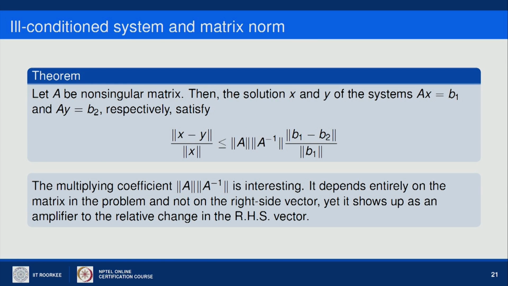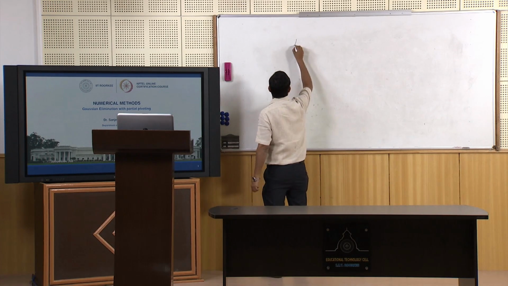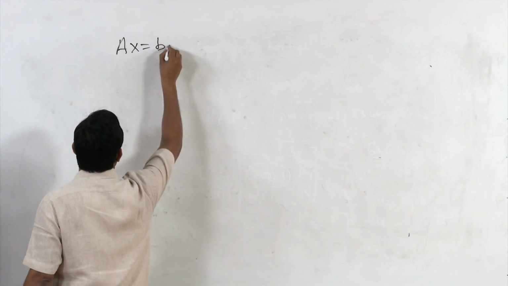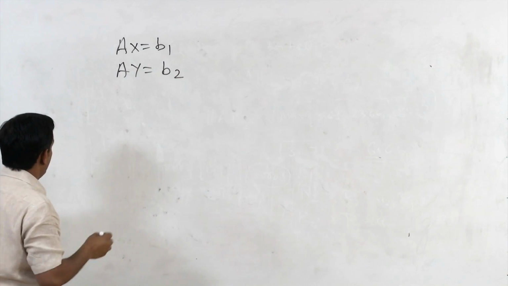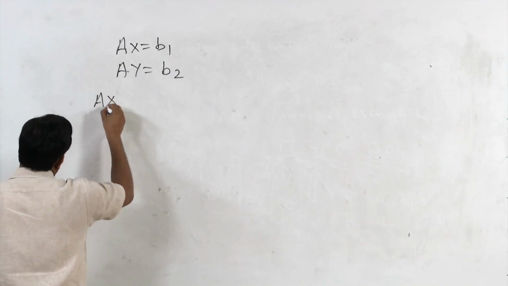Now, to relate these norms with the ill conditioned system, we have an important result in this theorem. This theorem tells: let A be a non-singular matrix, then the solutions x and y of the systems Ax equals B1 and Ay equals B2 respectively satisfy this particular inequality. So, I have two systems, Ax equals B1 and Ay equals B2.